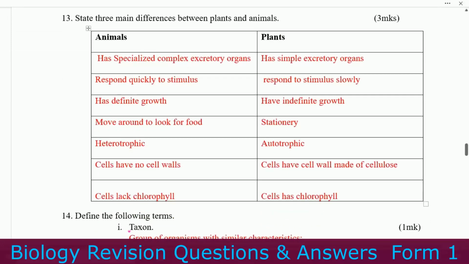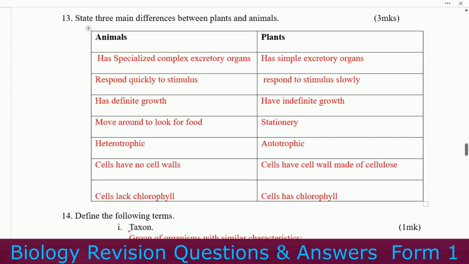Animals on one side and plants on the other side. Animals have specialized complex excretory organs. Plants have simple excretory organs. Animals respond quickly to stimuli. Plants respond to stimuli slowly.